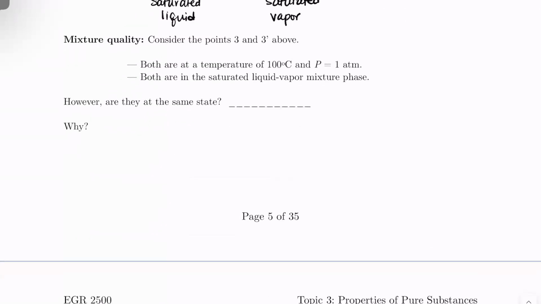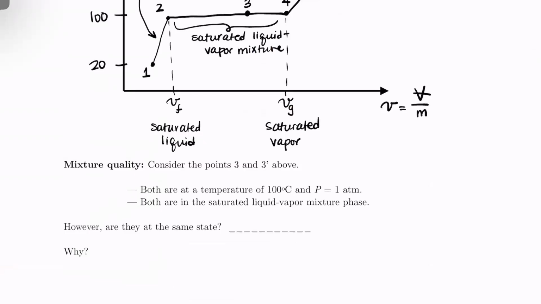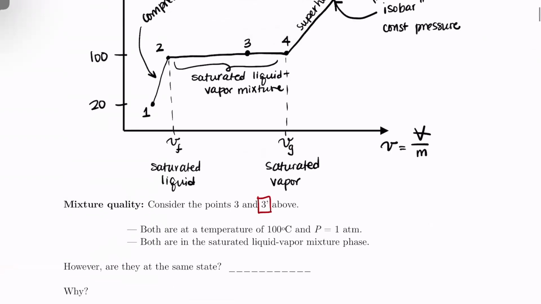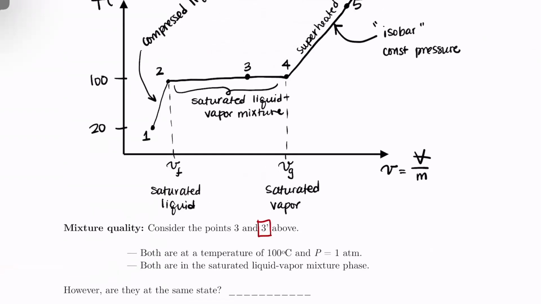Another quantity that we are going to make use of is called the mixture quality. So, for example, if I include another point on this curve above called 3 prime, so I'm going to put 3 prime here. All right. So both of these are at a temperature of 100 degrees C and pressure of 1 atmosphere, and they're both in the saturated liquid vapor mixture phase, right?